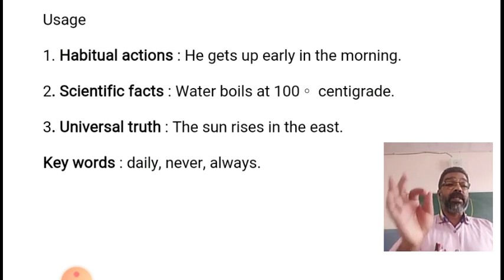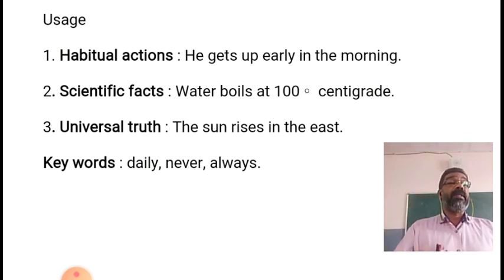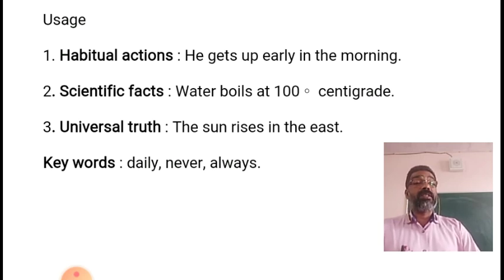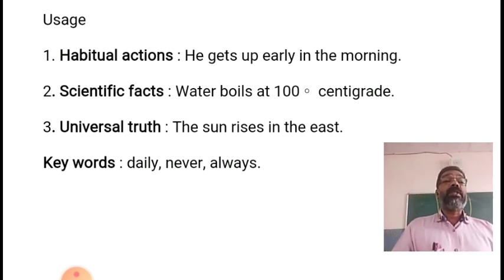It is the same everywhere in the world. In Africa, Antarctica, Australia, India, or Asian countries, everywhere the sun rises in the east direction only. So it's a universal fact or truth. So universal truths are also expressed in simple present.